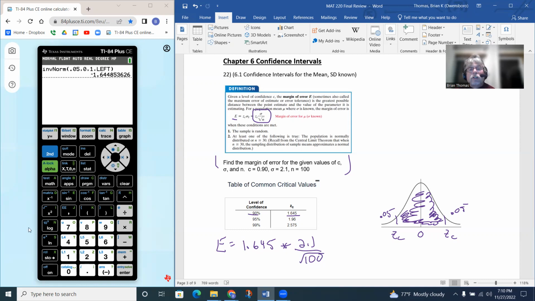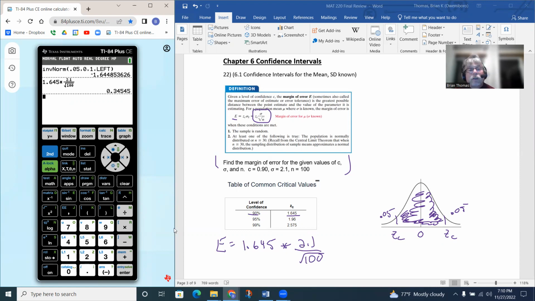So to actually find the margin of error, we type in the z-score, which is the 1.645, and we multiply that by, and I'm going to use the fraction button, number 1, I'm going to put that 2.1 on top and the square root of 100 on the bottom. And then we end up with 0.345.